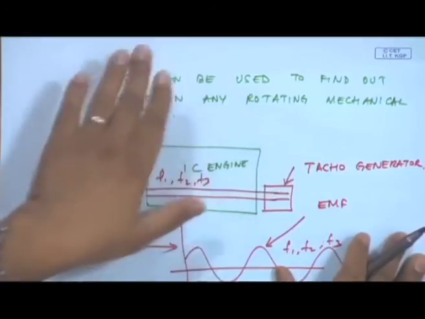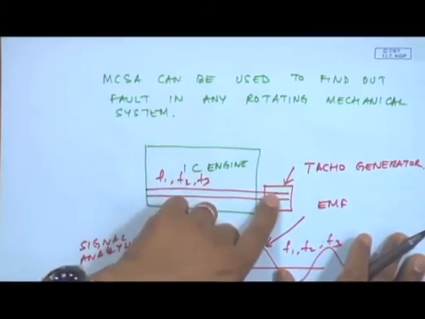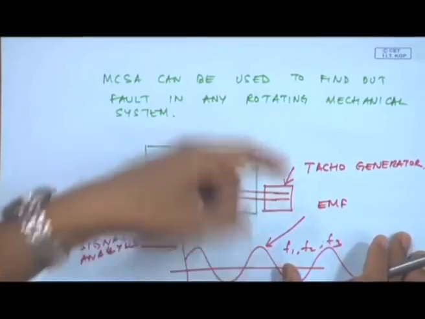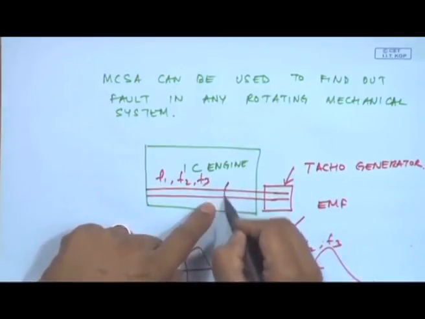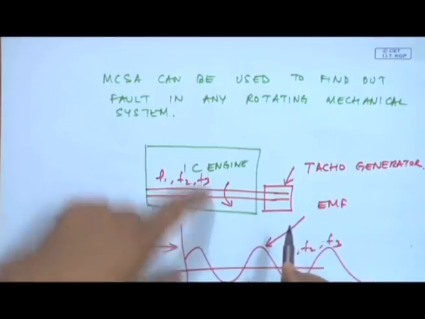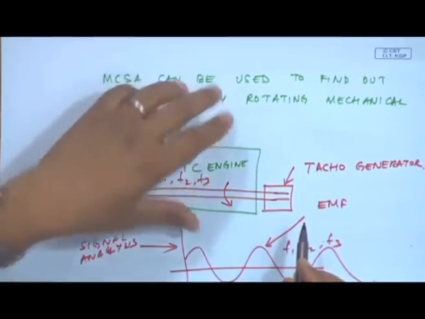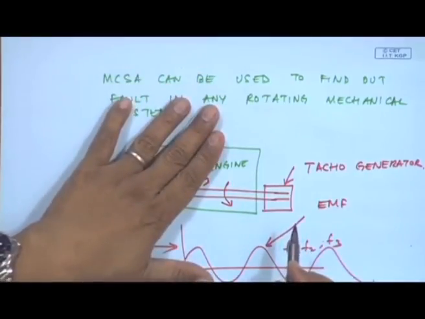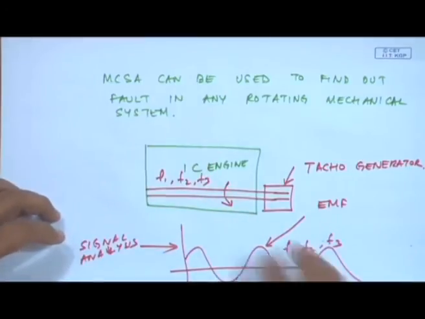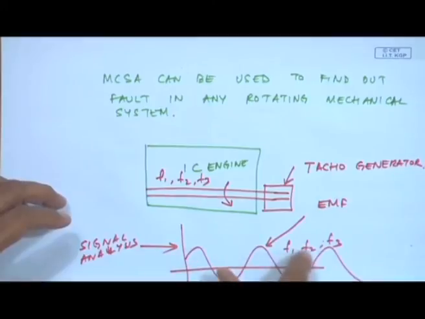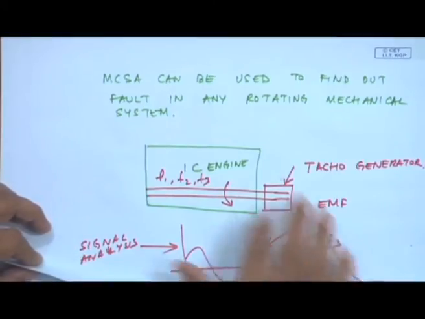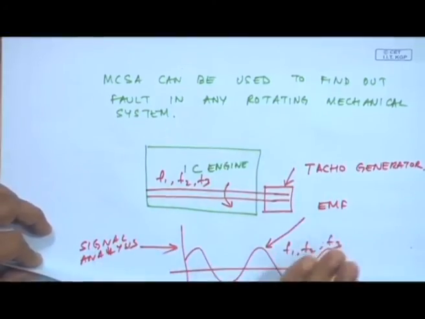Here I do not have a motor driving an IC engine. The IC engine I just couple to a tacho generator, because the tacho generator is rotating and the rotational power here is the crankshaft which is being driven, which is the prime mover in this case. And then I am seeing an EMF which is having a lot of ripples, and all these characteristic defect frequencies are going to show up in this spectrum.